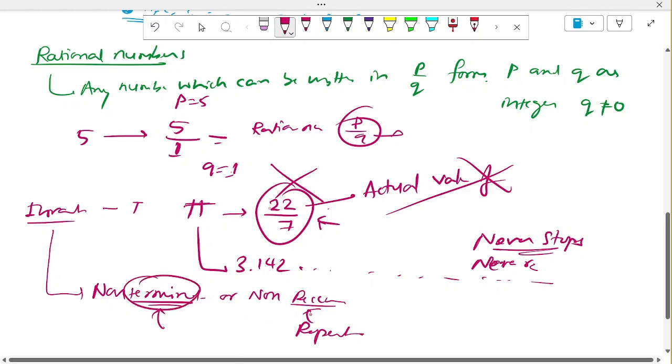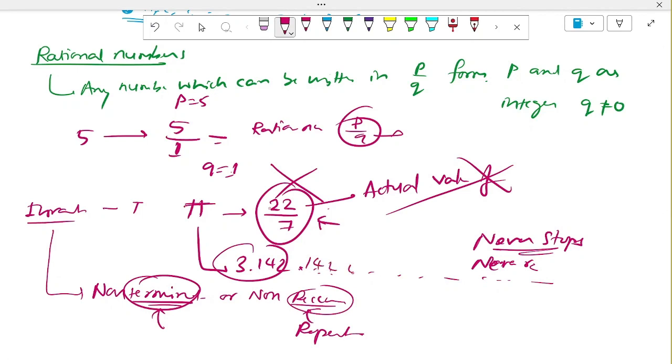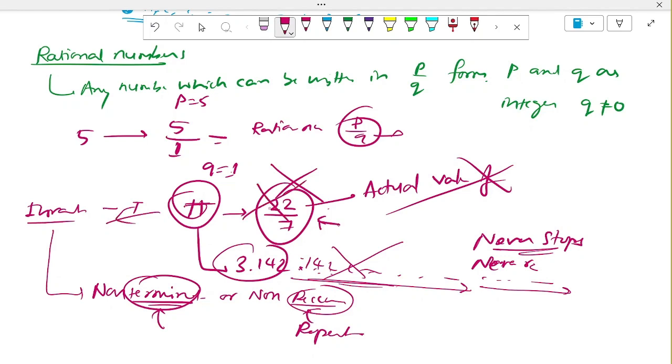If you see this number, it is not repeating 142, 142, 142; it just continues with random numbers and never stops. So pi is an irrational number and you cannot write pi as 22 by 7. Just for convenience we will use pi as 22 by 7.